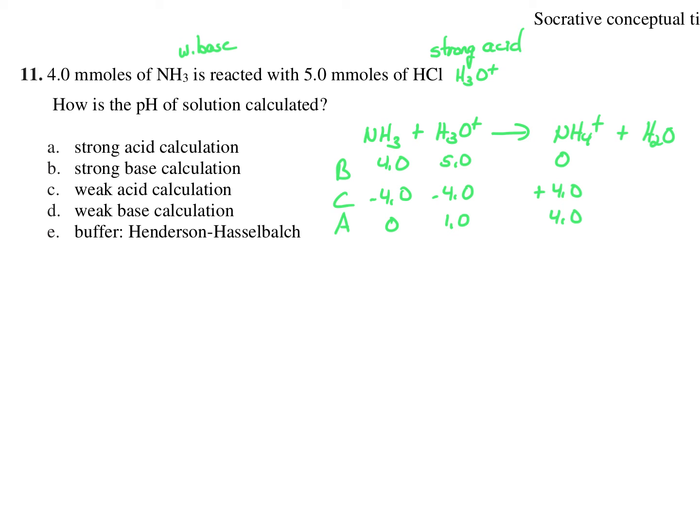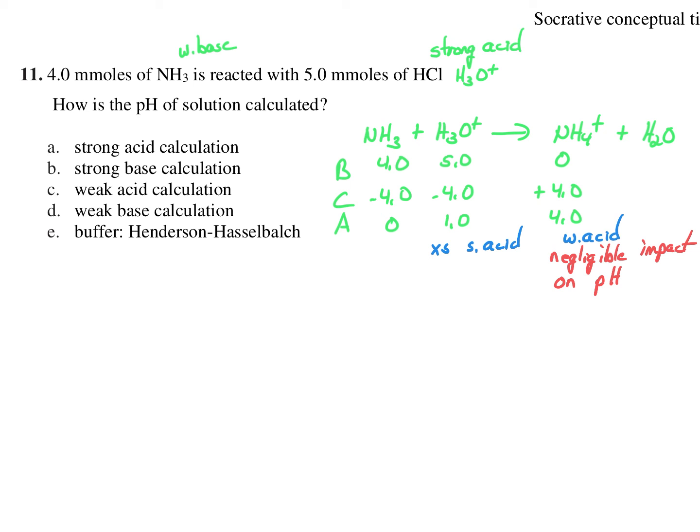In our resulting solution, we have some excess strong acid, and we also have some weak acid that was generated in the process of the neutralization. We need to note, however, that the weak acid is only going to have a negligible impact on pH because it's a weak acid, and almost all of it remains undissociated.